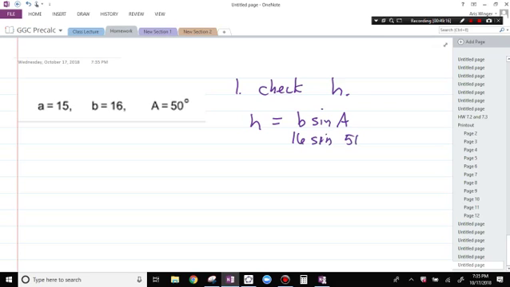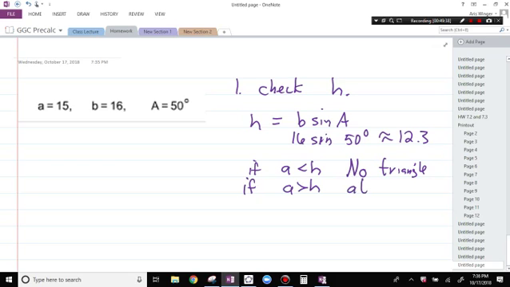And it has been shown that that is roughly 12.3 to 1 decimal place. Right, so if A is less than H, no triangle. If A is bigger than H, at least 1.